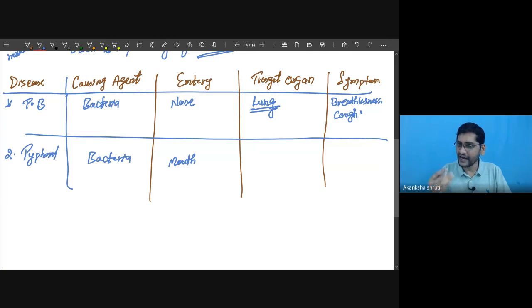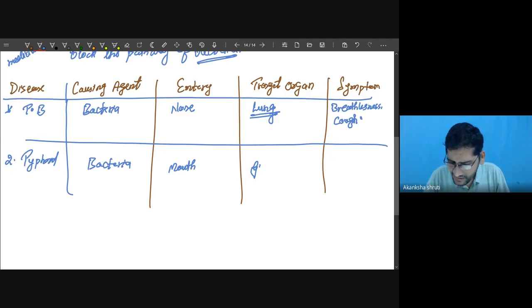So if you are drinking water with the bacteria able to cause typhoid, then typhoid will occur. It affects the entire digestive system, that is the gut lining, meaning stomach and intestine.